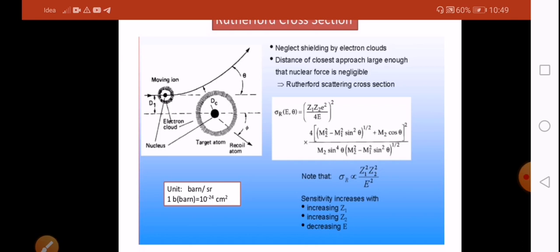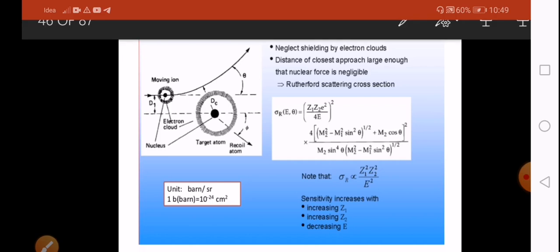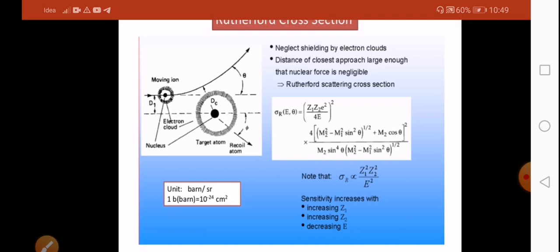You have to take only the cross section. So by studying the quantum mechanical scattering process of an alpha particle by a nucleus, a gold nucleus, you will get the equation for the Rutherford scattering cross section as sigma of E, theta, energy and scattering angle. It is a function of energy and scattering angle.